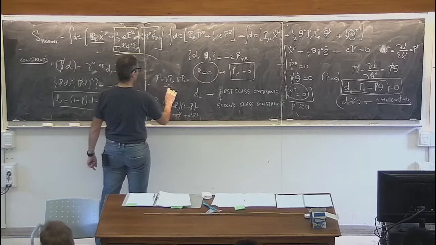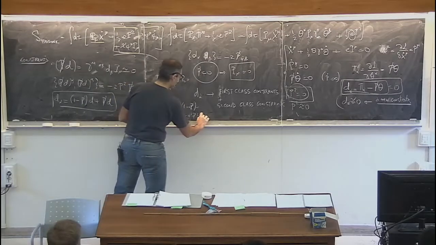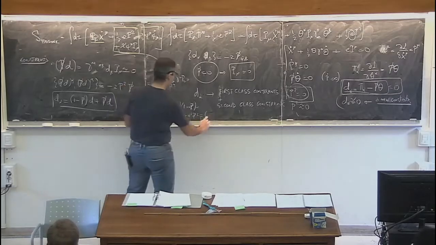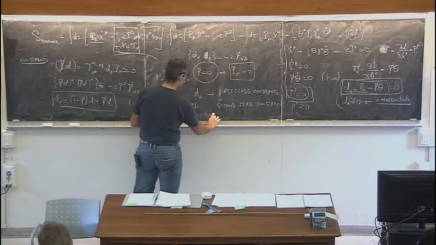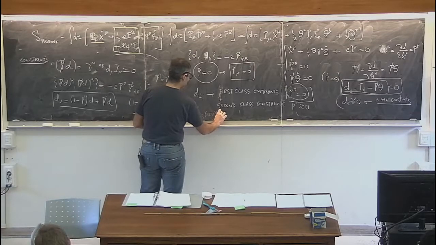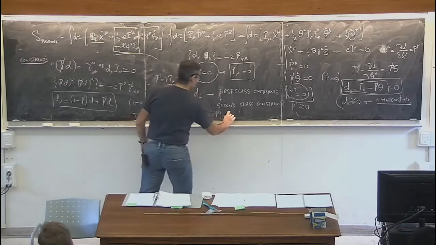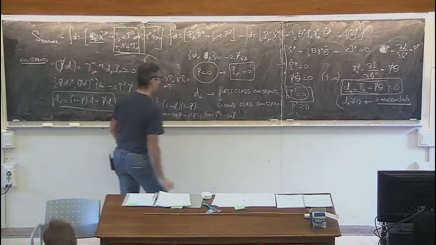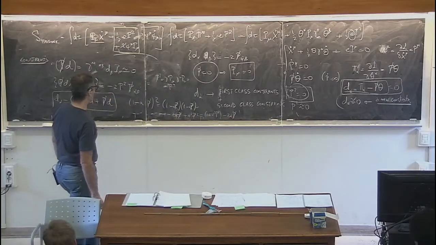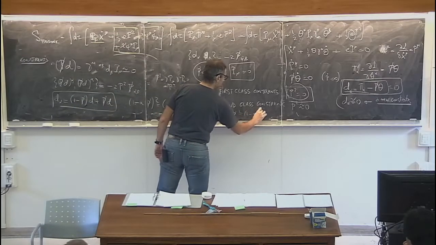This gives you p square. So this gives you 1 plus alpha square p square, and then I have a minus 2 alpha p slash. So in order to reproduce, this must be equal to 1 minus alpha p slash.